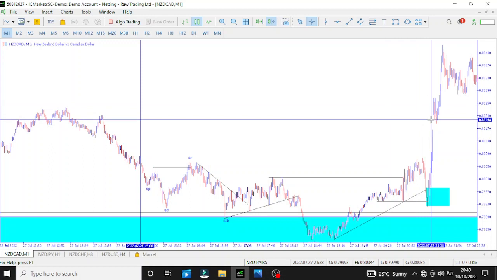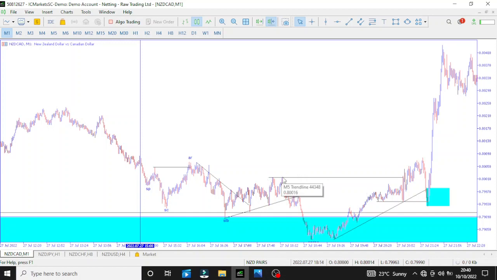And this is during New York session, exactly Canadian dollar. And the price manipulated, broke the structure, and went on to manipulate. How many liquidity were introduced and manipulated?